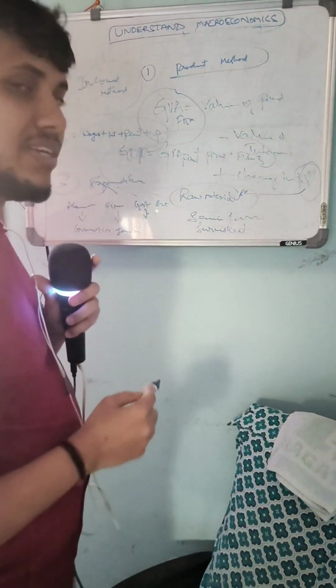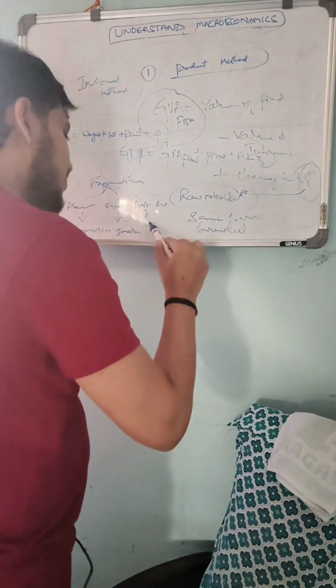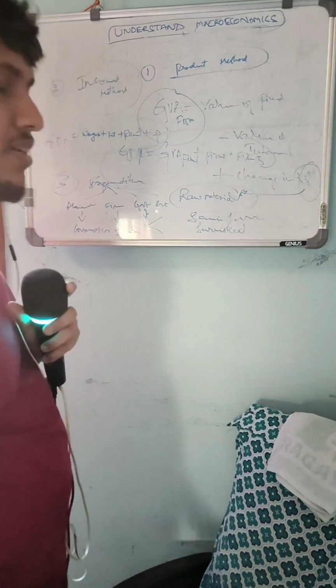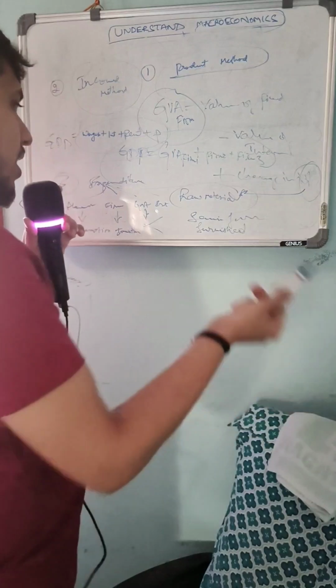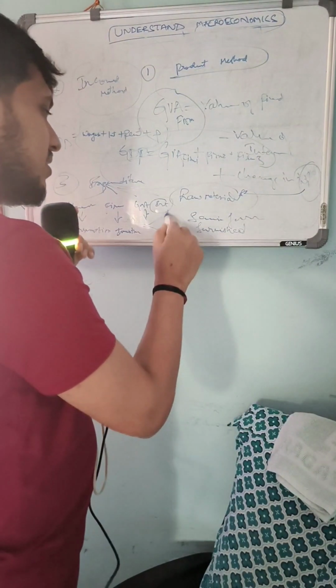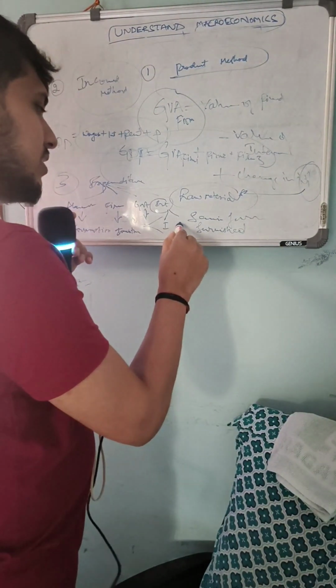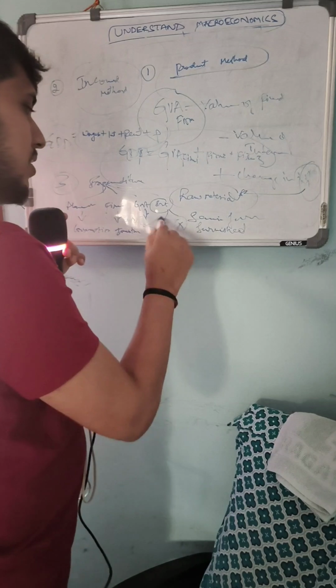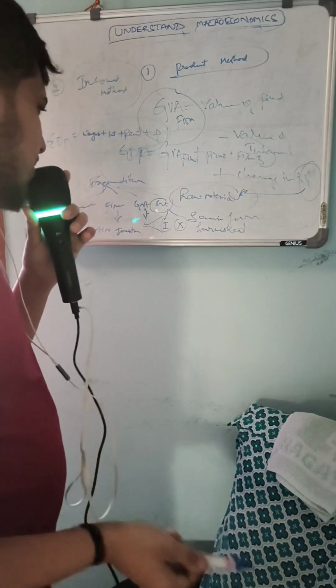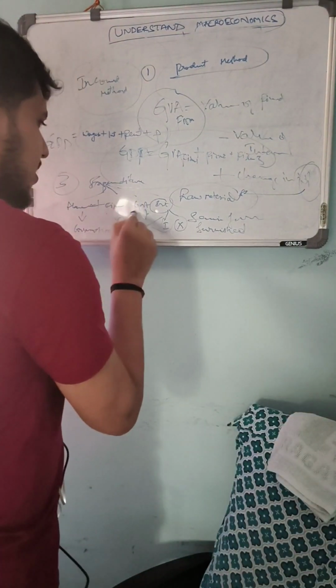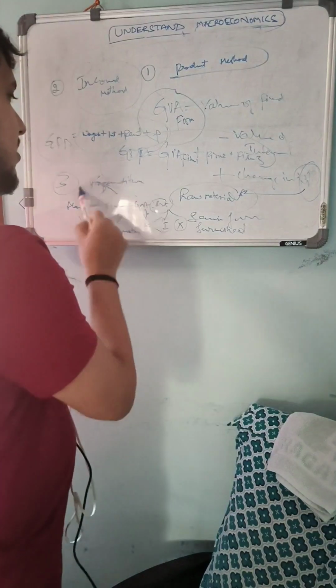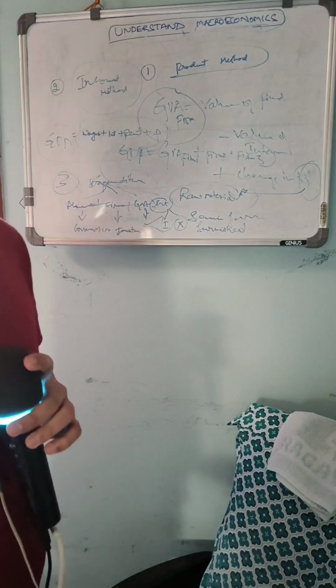Government expenditure, revenue and capital expenditure, they do. And then the external sector, that is import and export. These added together will result in this expenditure method, national income.